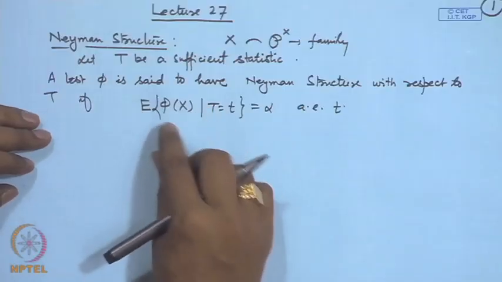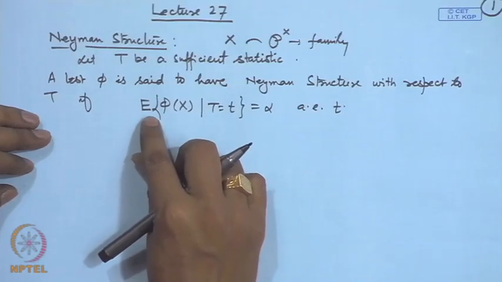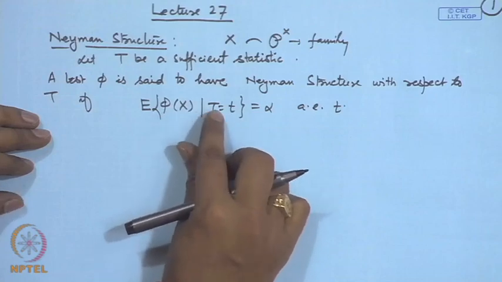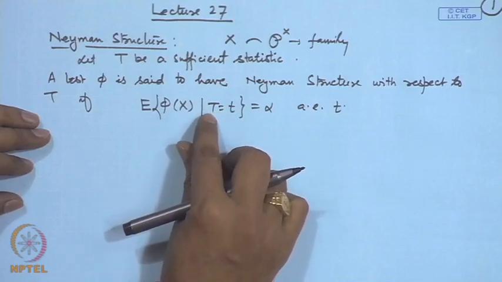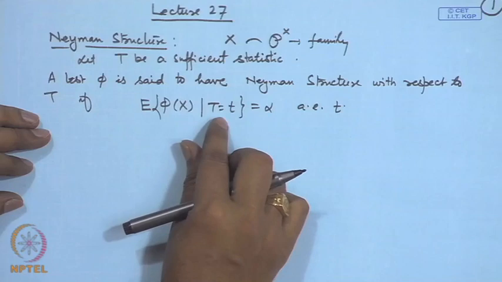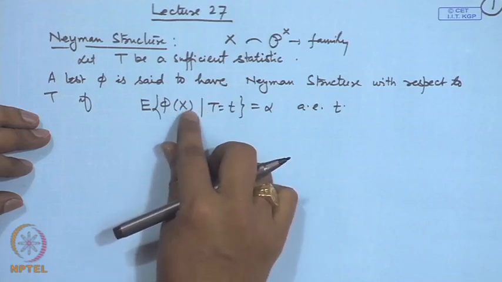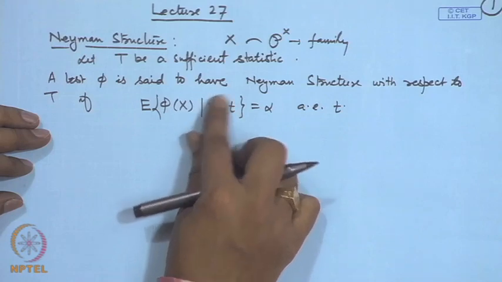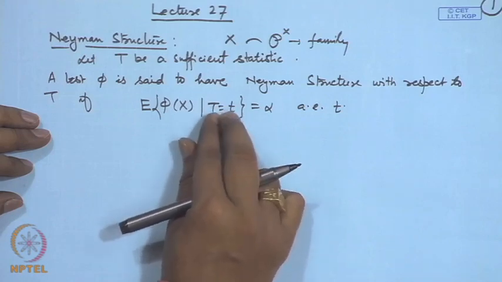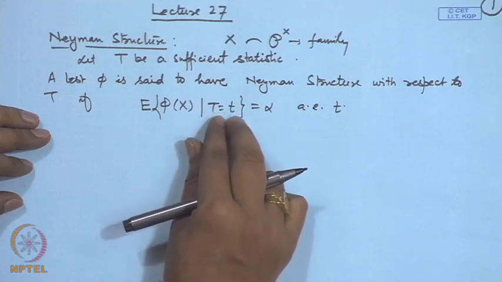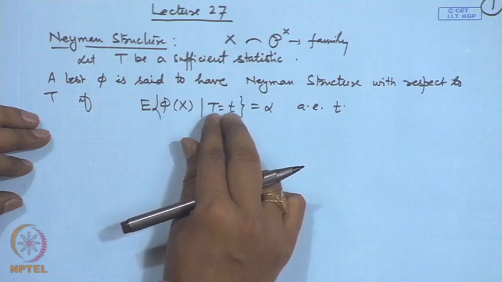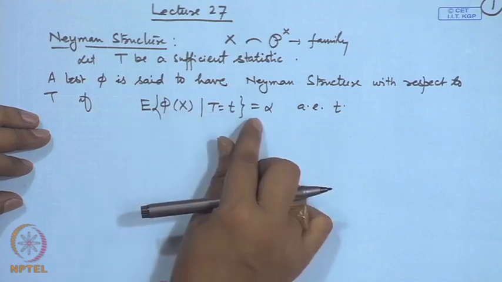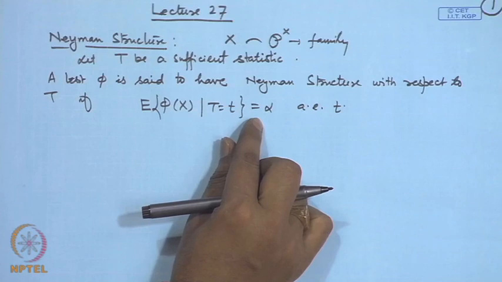Now, if we consider the expectation of phi(x) given T, where T is a sufficient statistic, then this term will be independent of theta. What does it mean? On every value of T equal to t, which we can call the orbits of T, on every orbit this will have power equal to alpha.